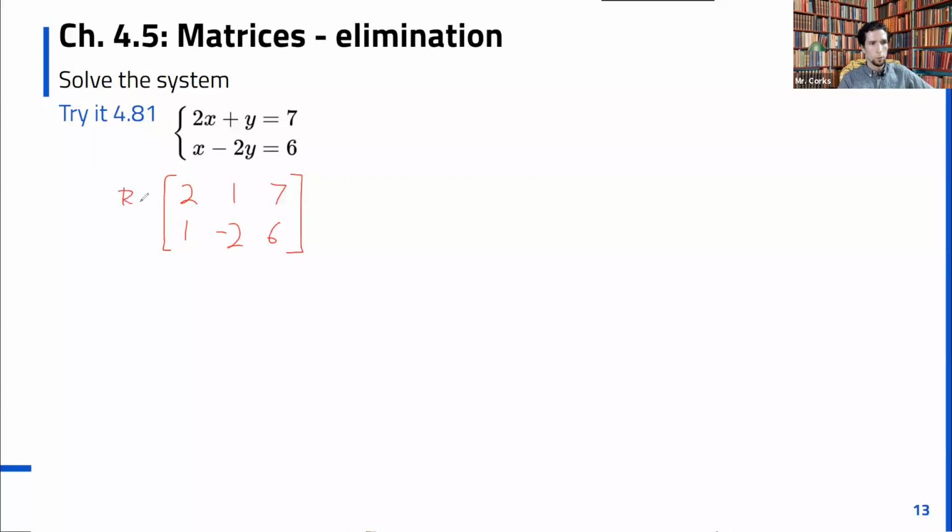There's our row 1 and our row 2, representing equations 1 and 2. What's the first step that we would do with our matrix? Trying to reduce this. Remember, our goal is we want this sort of triangle shape, and we want to have ones on the main diagonal here.